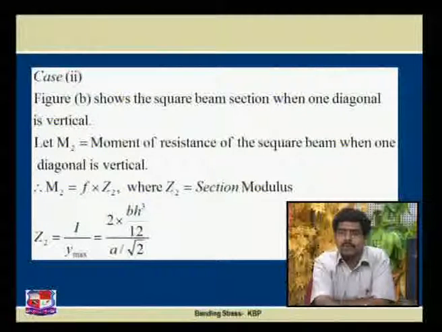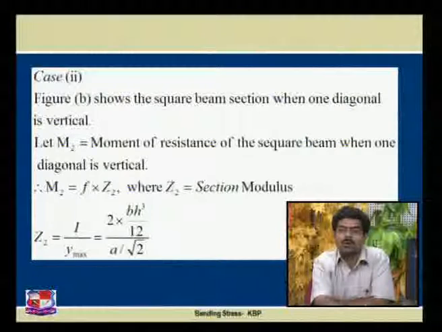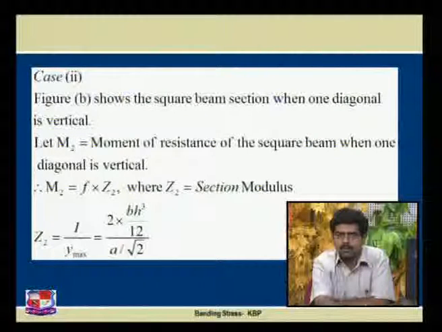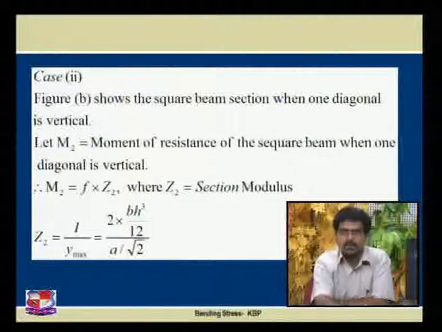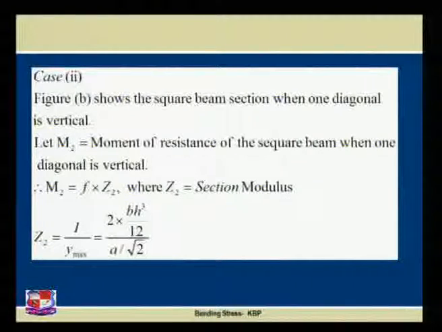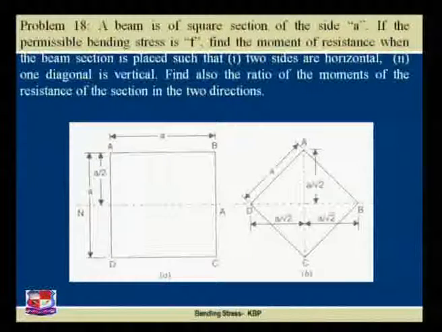The intention is to find the section modulus for the given beam in which one diagonal is vertical. The formula remains the same, I by Y max. What we have to do right now, see the figure. Figure is this one. We have to find the section modulus for this.